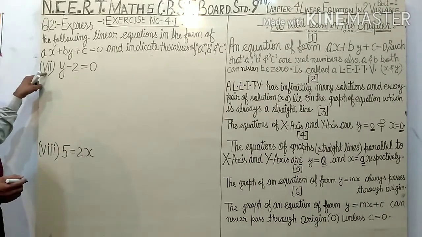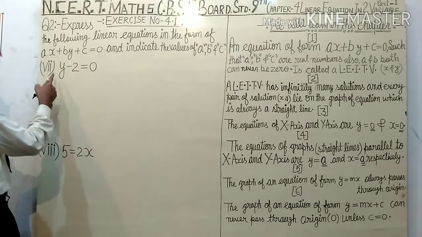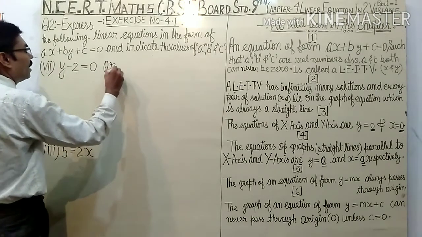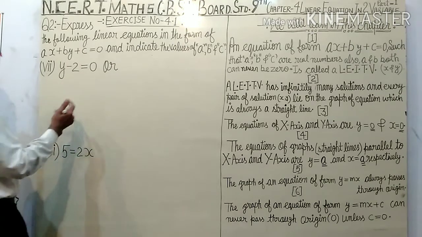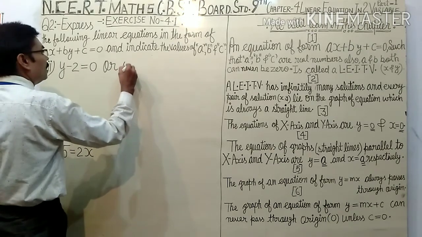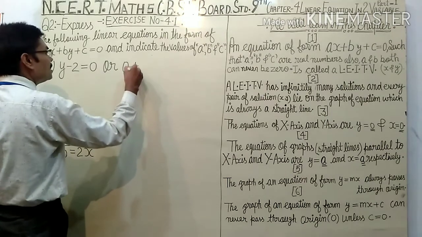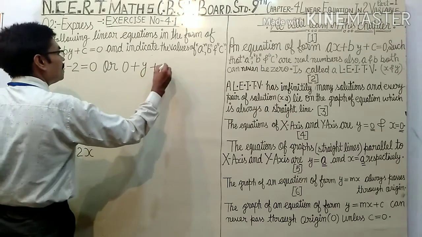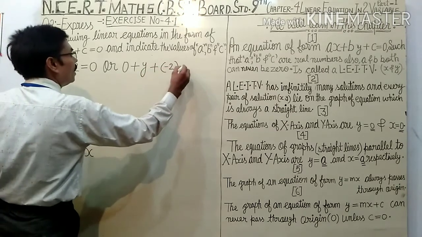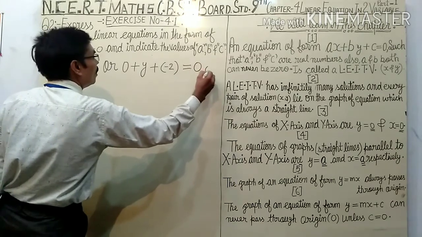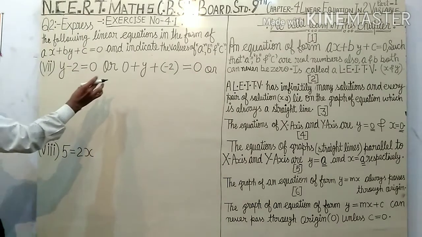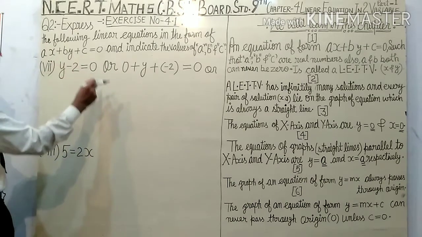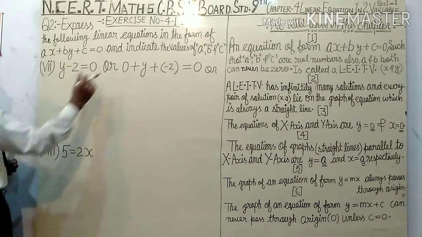And now part number 7, we have been given the equation y minus 2 equals 0. Students, this equation can be rewritten as 0 plus y plus minus 2 equal 0. And third time we can make it similar to ax plus by plus c. How? 0 can be written as 0 into x.